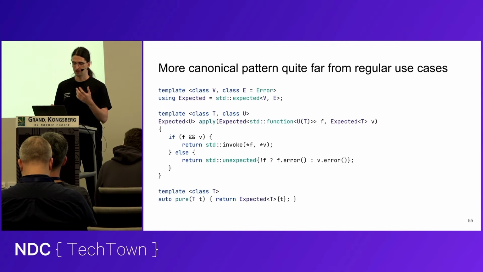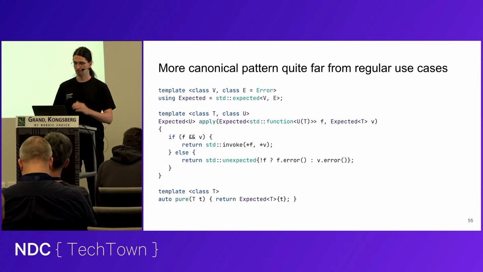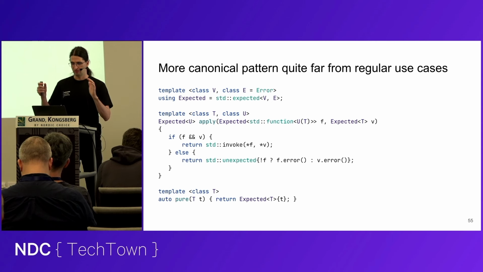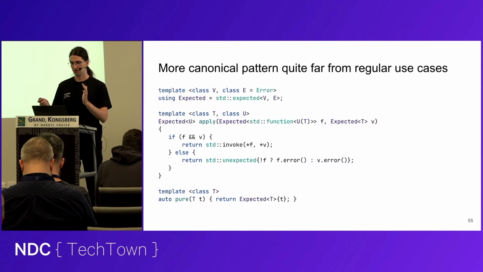In canonical notation, you have a function and a value, and you want to apply this function to the value, or simply invoke the function on the value. So in canonical form, you have two parameters here: first is expected of function, and second is expected of value.